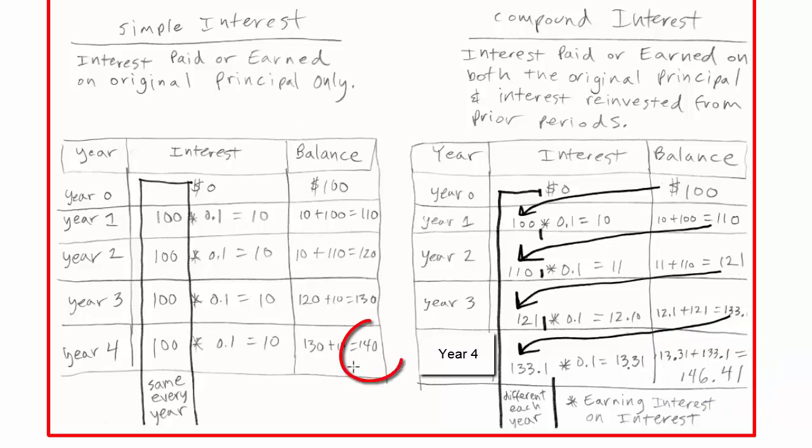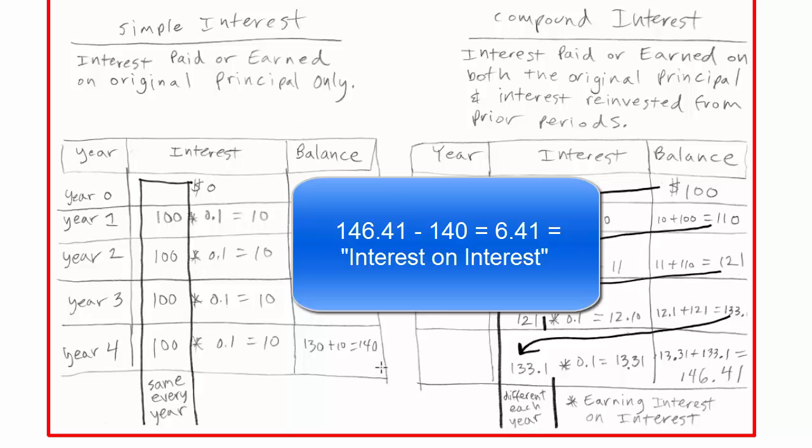So with simple interest, we pay 140 on maturity date. But with compound interest, we have to pay 146.41. Now, we'll do these calculations in Excel in just a moment, but I want you to notice something. 146.41 and 140, if we subtract those two, $6.41, that is called interest on interest.